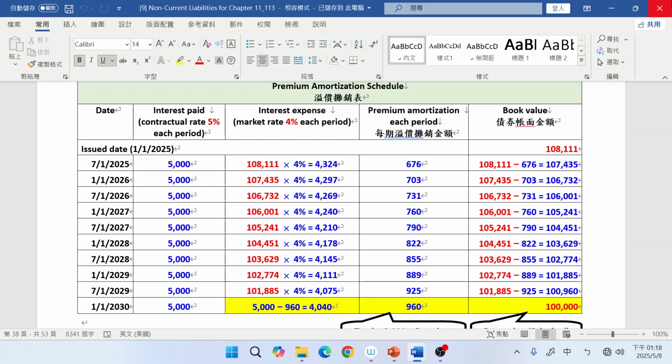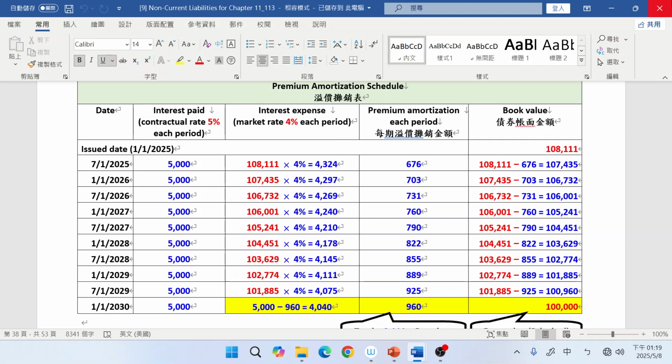What's next? You can figure out the total cost of borrowing based on the market interest rate, how much investors and creditors want. So based on the market interest rate 4%, how much they want from you for the interest. Then we could find out our second cost of borrowing.